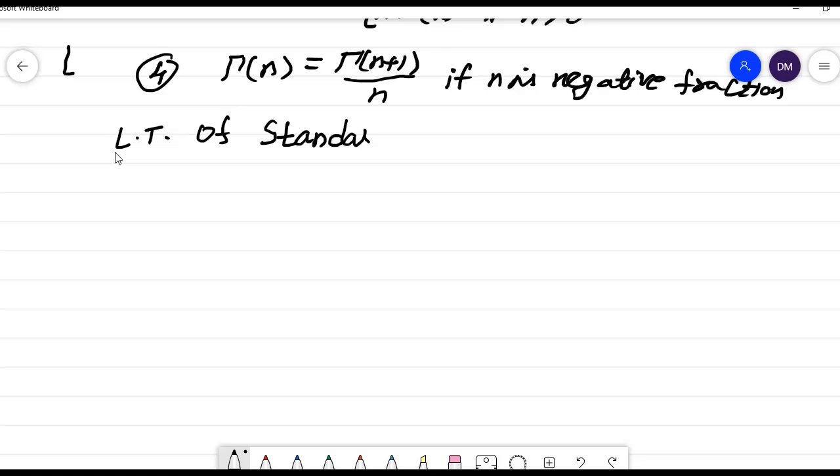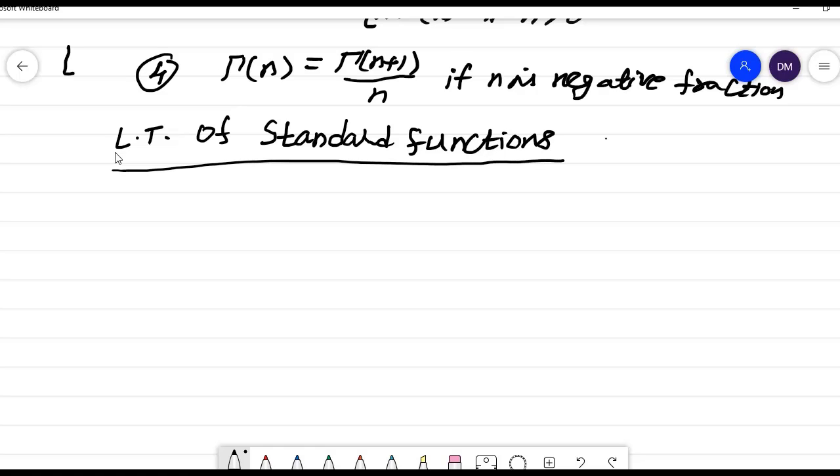So this is the first topic in the Laplace transform. Totally we have nine formulas under the Laplace transform of standard functions. One by one we have to know that.